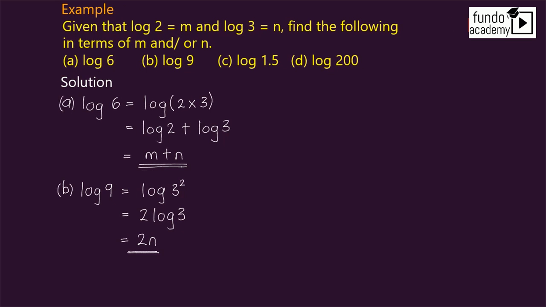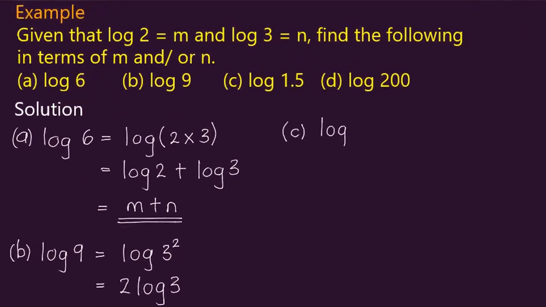Right, let me take you to part C. On C we have the logarithm of 1.5. Now you are asking yourself, how can I express 1.5 in terms of 2 and 3? And we're talking about product quotient relationships here. If you look at 1.5, you can say that 1.5 is actually 3 over 2.